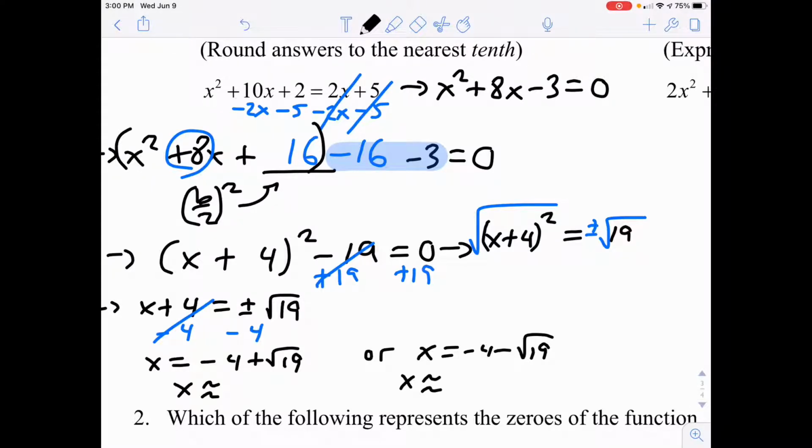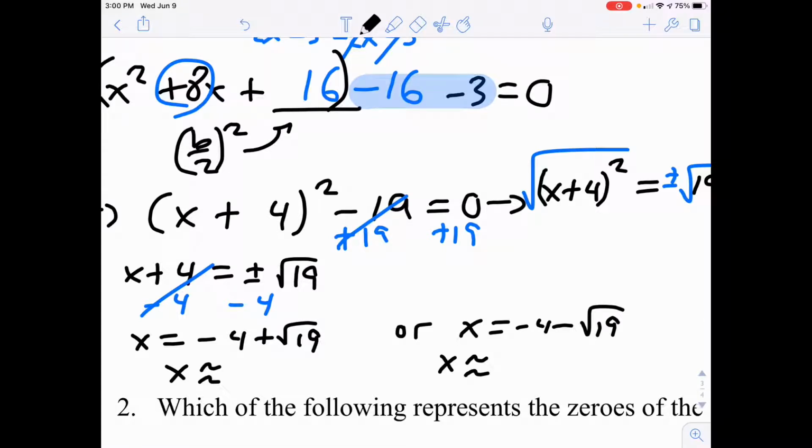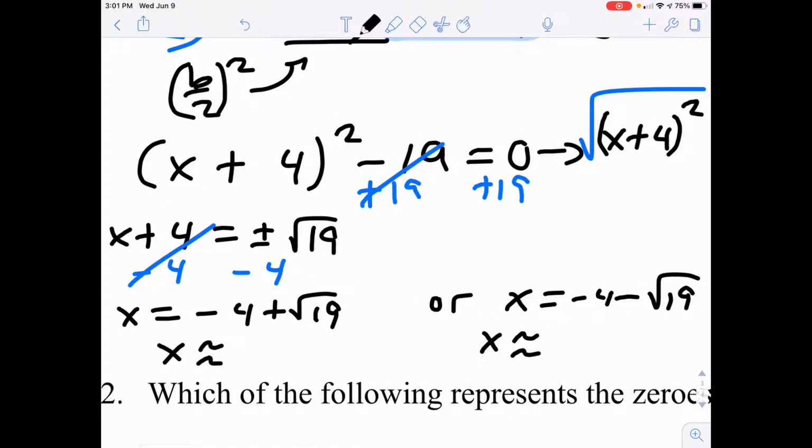The first one, negative 4 plus the square root of 19, you get about, to the nearest tenth, 0.4.